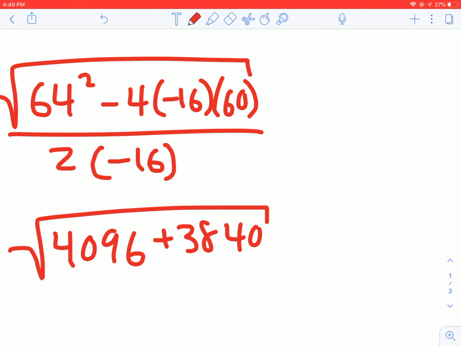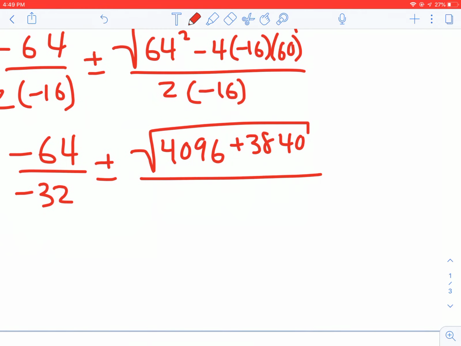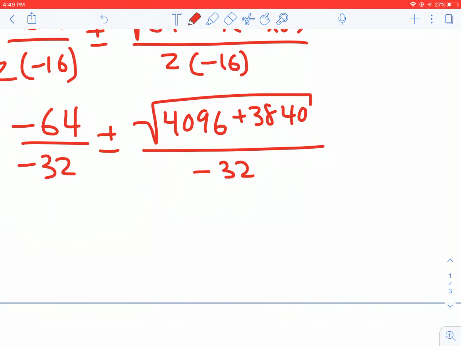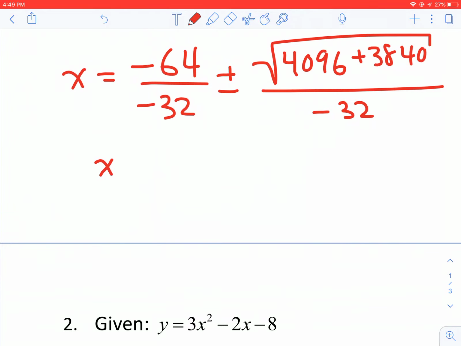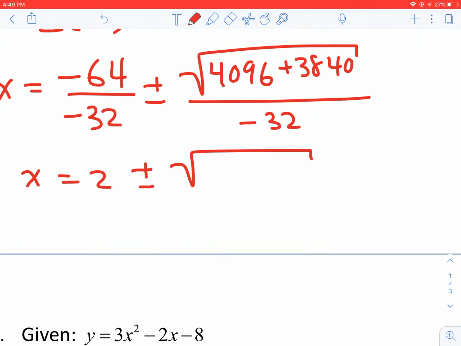And it's going to be positive because two negatives multiplied make a positive, divided by negative 32. So x equals 2 plus or minus the square root of 7,936 divided by negative 32.